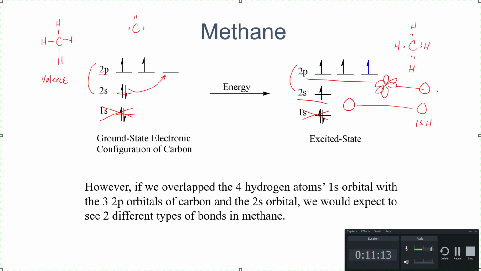And the answer is yes, we would. But I told you earlier that methane is known, as a fact, to have all 4 bonds being exactly the same. So now we have another problem to solve.